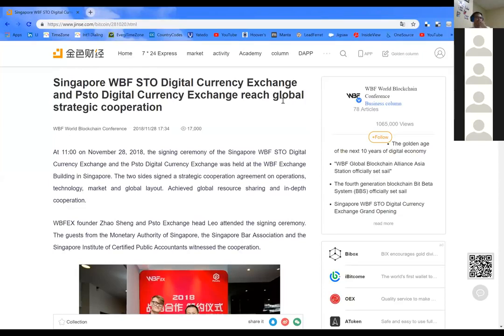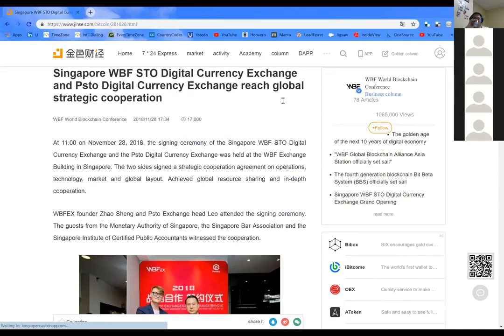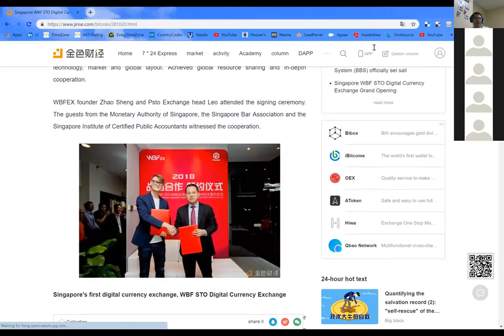At the end of November, just about 2 weeks ago, they actually signed a formal agreement whereby they are going to become the first STO digital currency exchange, partnering together and sharing their resources, their technology, and their brain trust in order to launch the first STO exchange in Singapore.